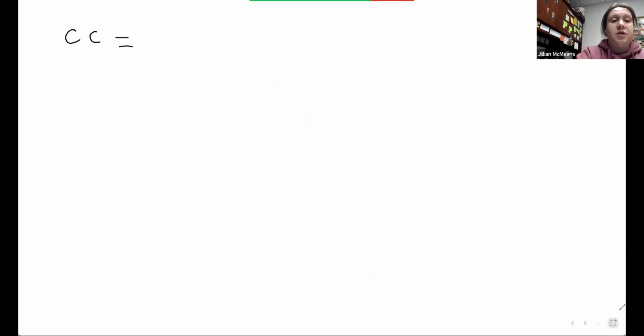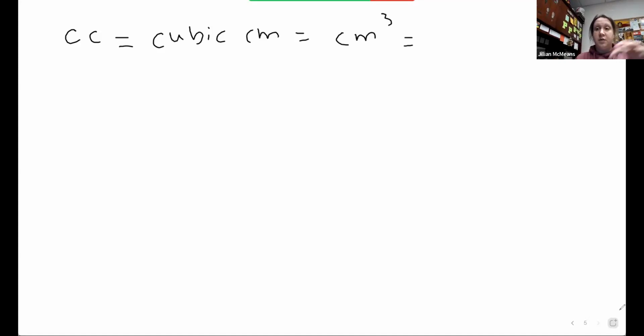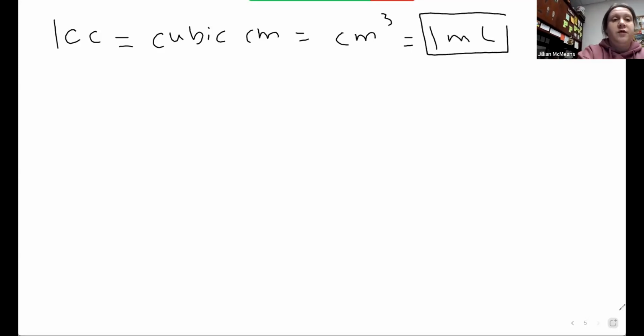Well, it stands for cubic centimeter. But as far as a liquid measurement, 1 cc equals 1 milliliter. And this is what you need to know. So for each cc, you're dealing with 1 milliliter.